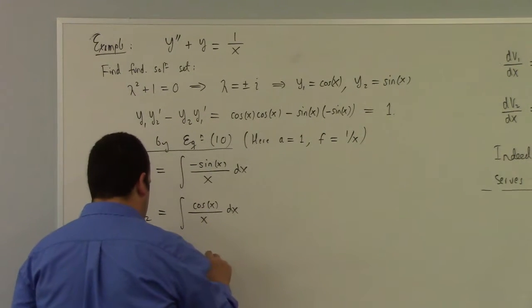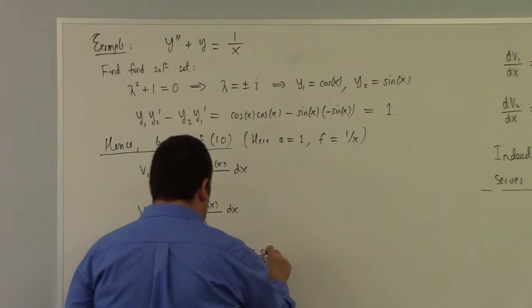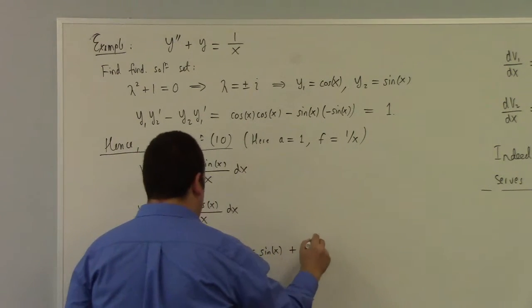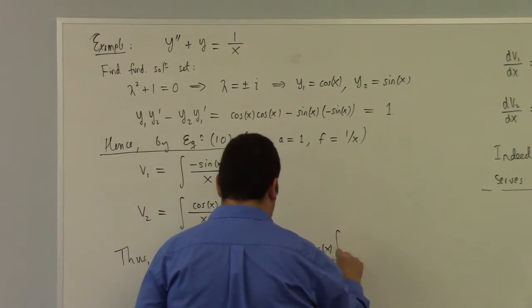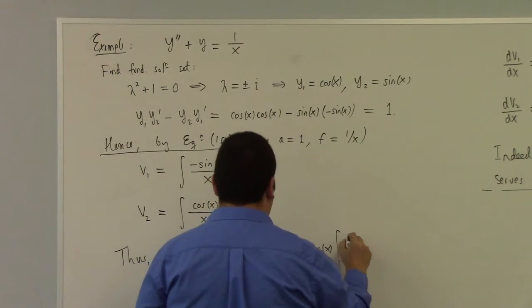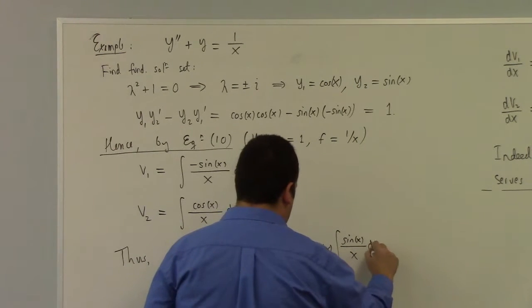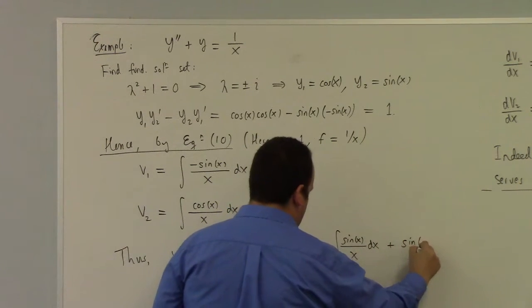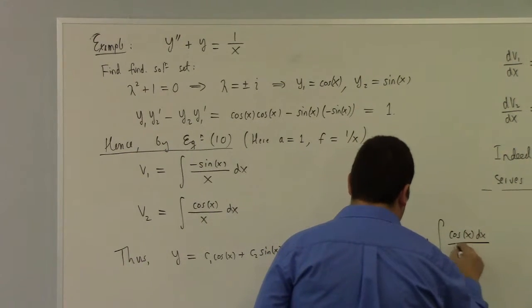y equals, say, c1 cosine x plus c2 sine x plus cosine of x times the integral, I put a minus here, minus cosine of x times the integral of sine x over x dx, plus sine x times the integral of cosine of x dx over x.